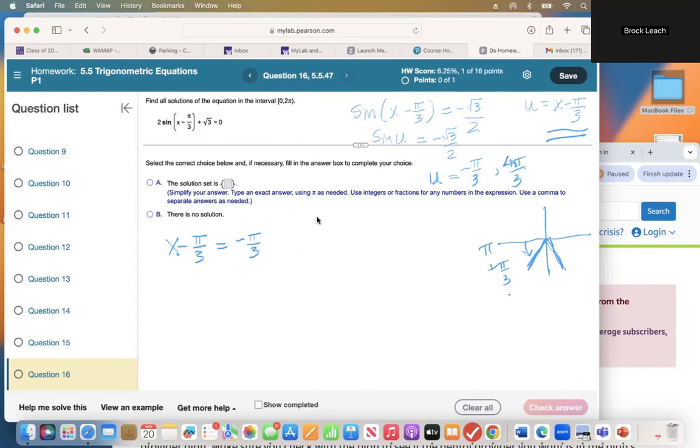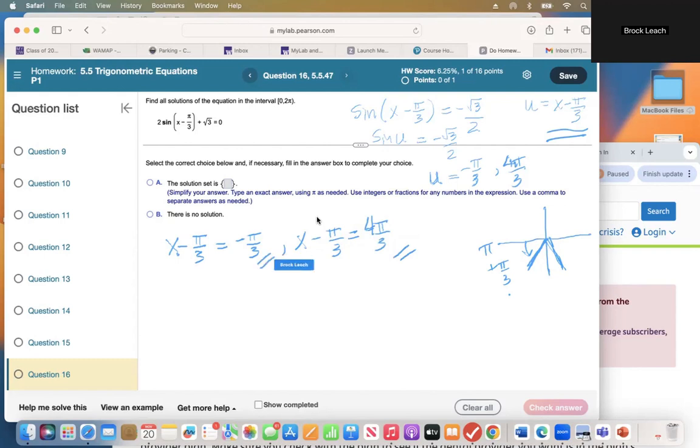But we also know there's another angle in the third quadrant. So I'm going to take that x minus pi over 3, the u value, and set it equal to 4 pi over 3, sorry. So we have the angle that's in the third quadrant and the angle that's in the fourth quadrant.